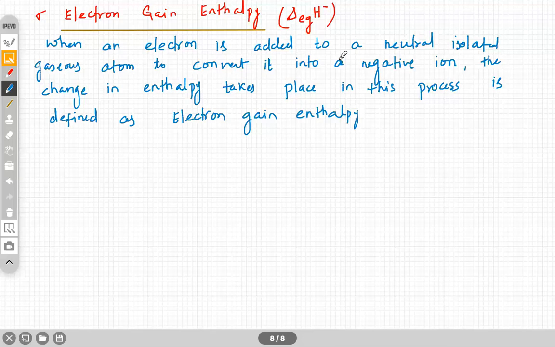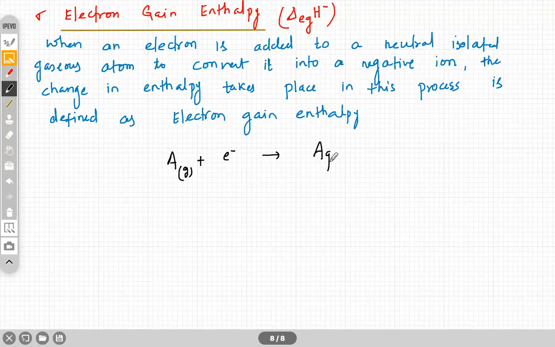Write down next line. It can be endothermic or exothermic. Anything is possible, negative or positive. Mostly what happens, you have a gaseous atom A, and you're trying to add an electron onto it.